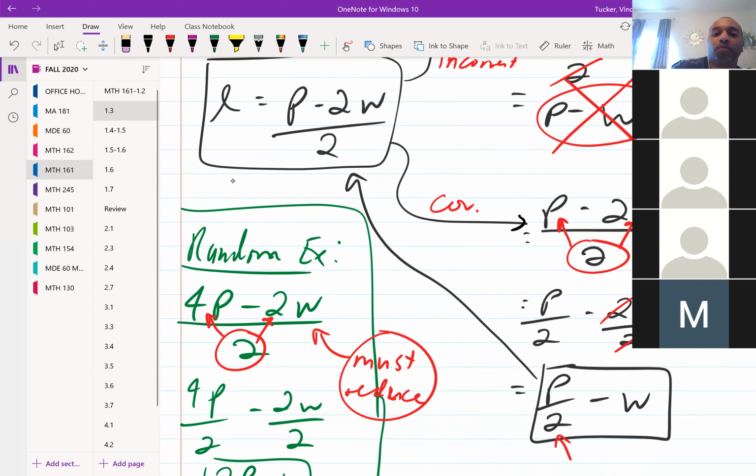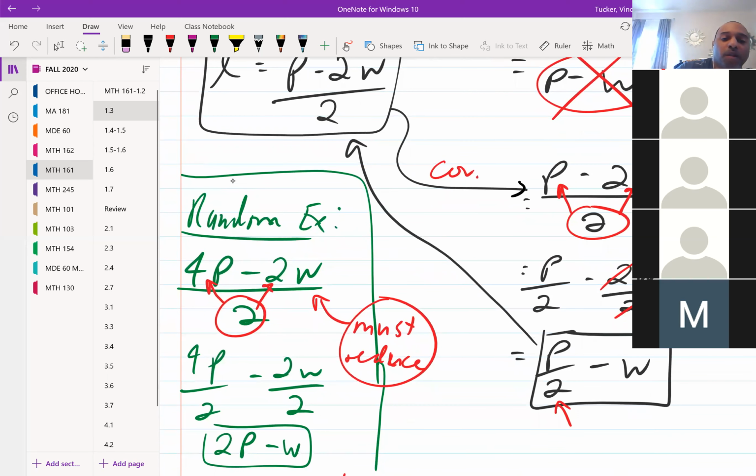Now, if that 2 could divide into each term evenly, then you are expected to do it. So in other words, if you look over here in the green, I called it a random example. This has nothing to do with the problem we're dealing with. This is just an example. Notice if I have 4P minus 2W, this 2 can divide into the 4 and into the 2. So that's something you are expected to reduce.